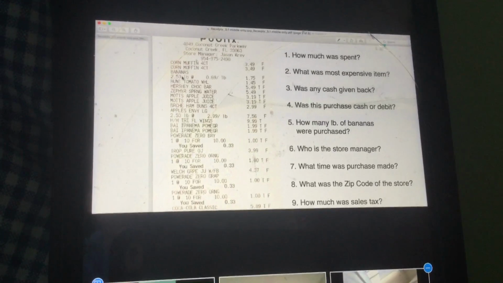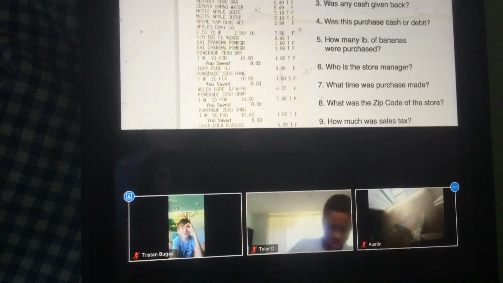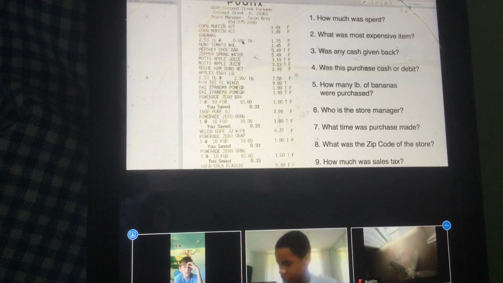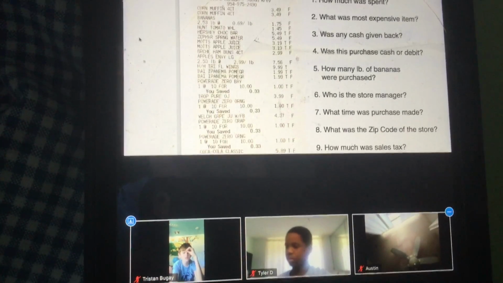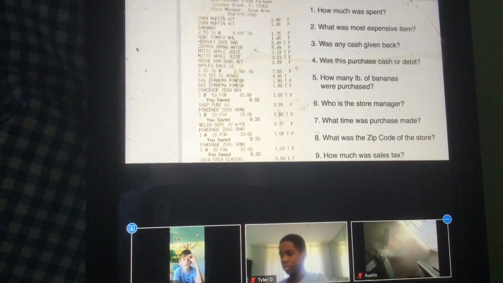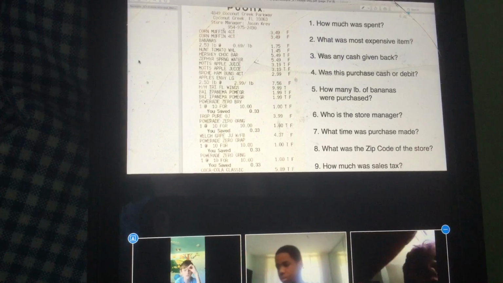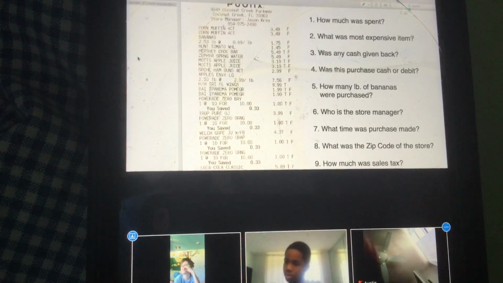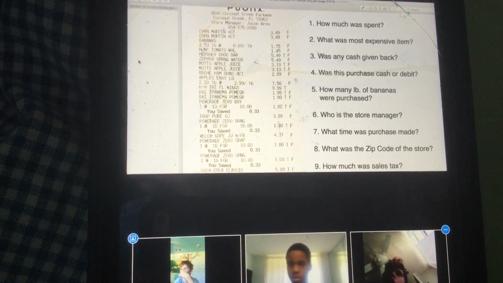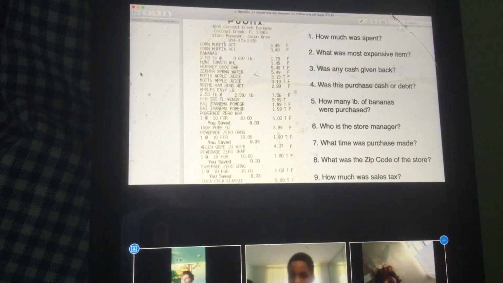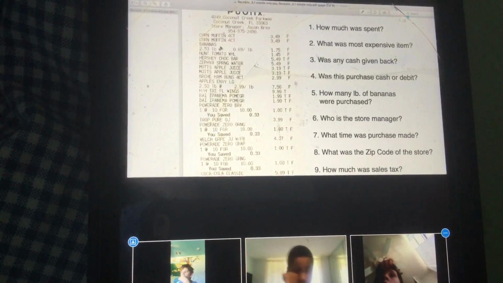Where you see bananas, look underneath. It's going to tell you how many pounds you bought, and then how much it costs per pound. Christian. 2.53 pounds. That's great. Very good.